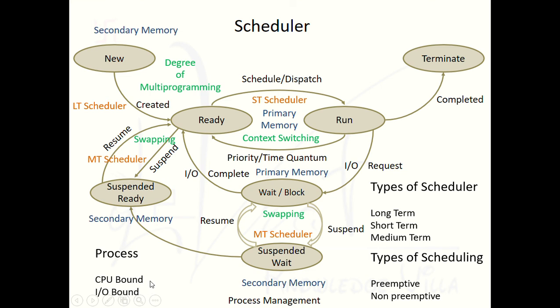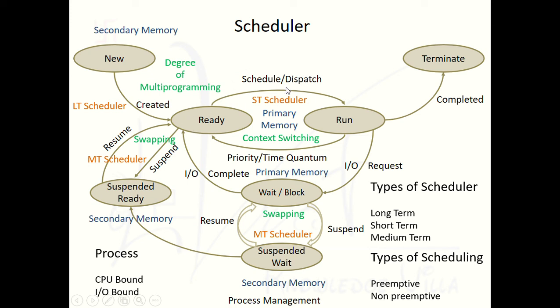And the processes which use CPU more are known as CPU bound processes. So whenever the long term scheduler brings processes from the new state to the ready state, it brings a mix of CPU bound and IO bound processes. If the scheduler brings all CPU bound processes, the processes will go for waiting again and again.